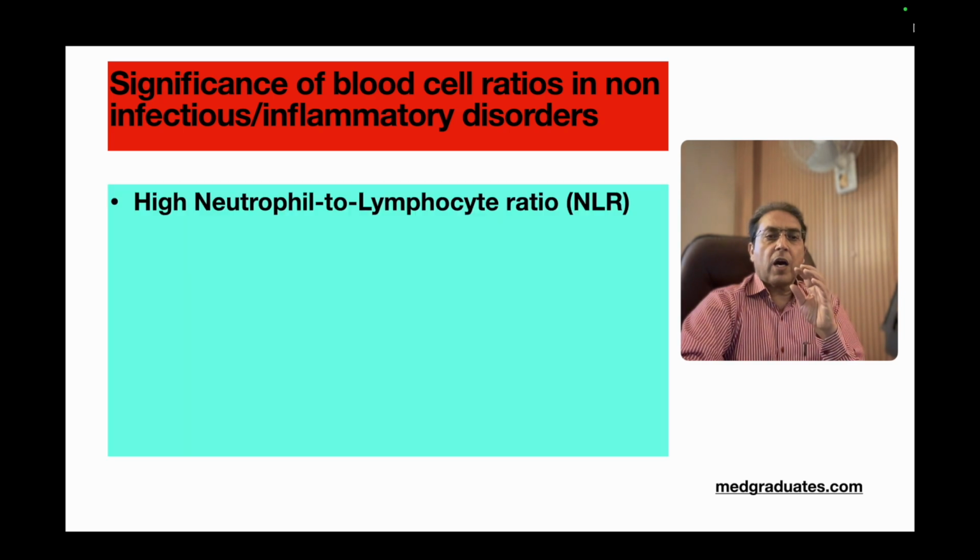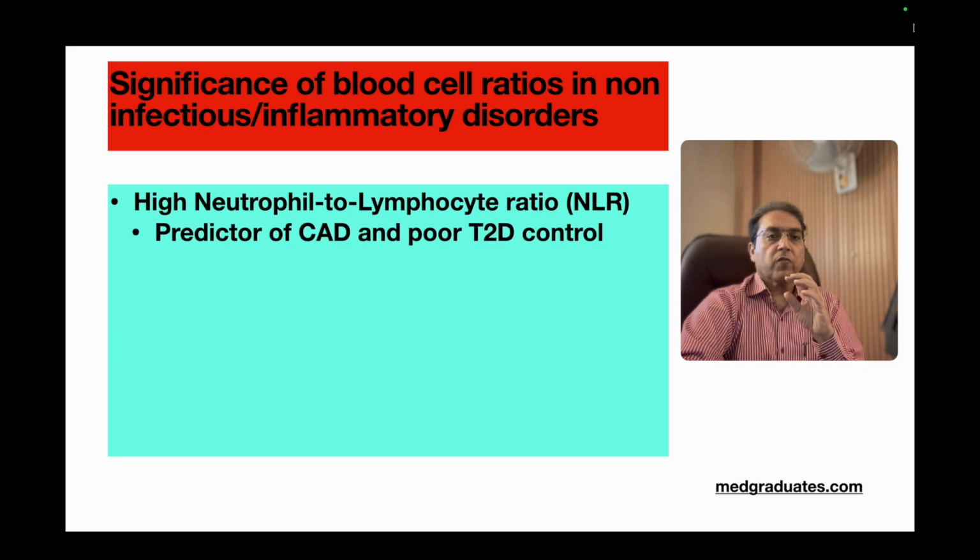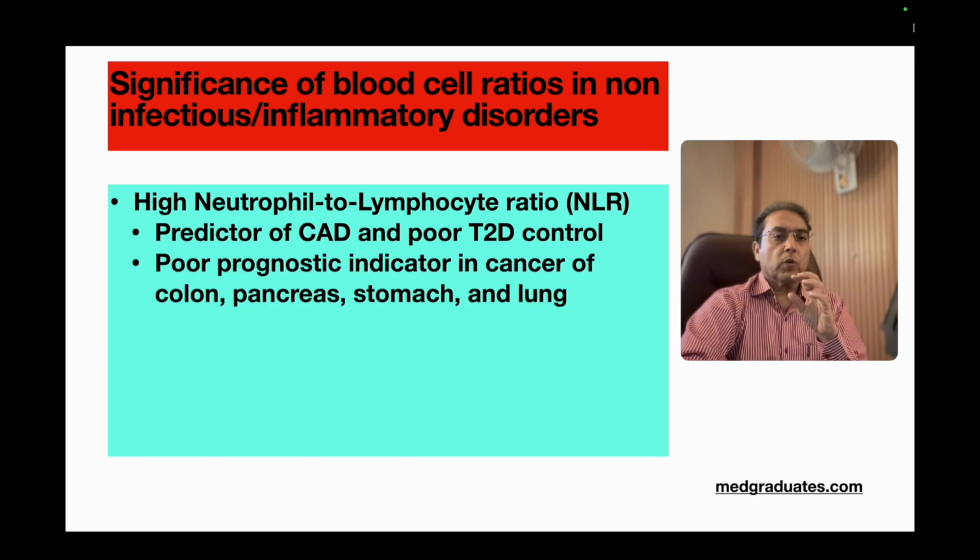For example, a high neutrophil to lymphocyte ratio. What can we get from this? It is a predictor of coronary artery disease and of poor control in type 2 diabetes. So if there is a high NLR, that is neutrophil to lymphocyte ratio, you may predict coronary artery disease, and it may be indicative of poor control in type 2 diabetes.